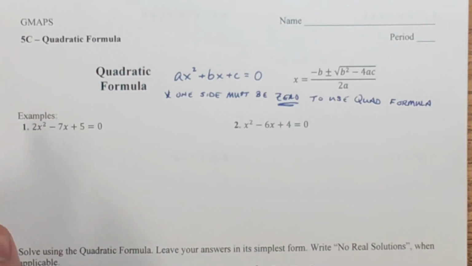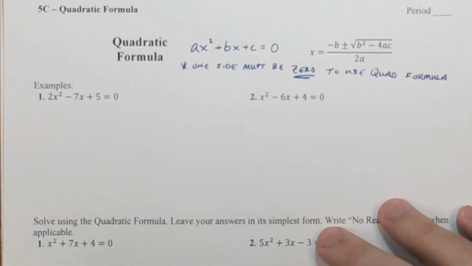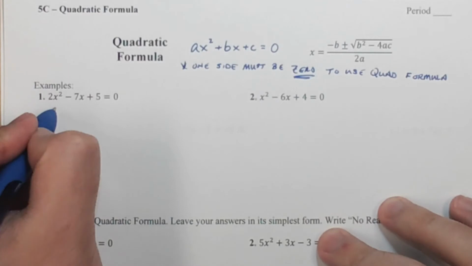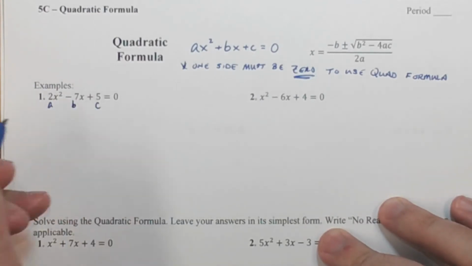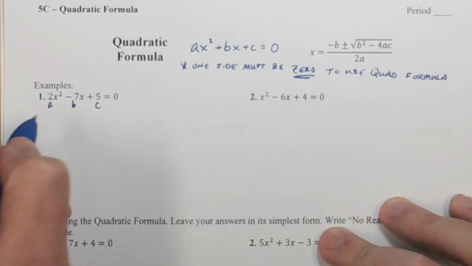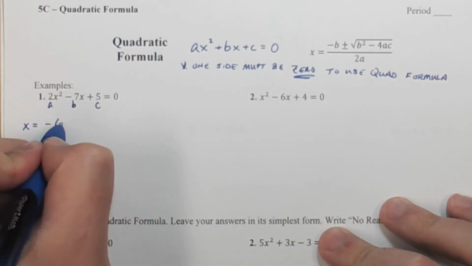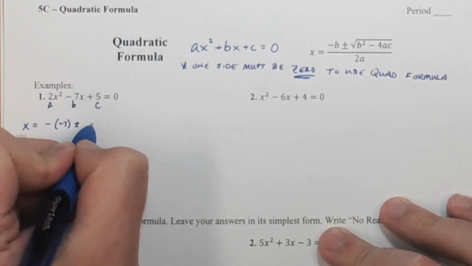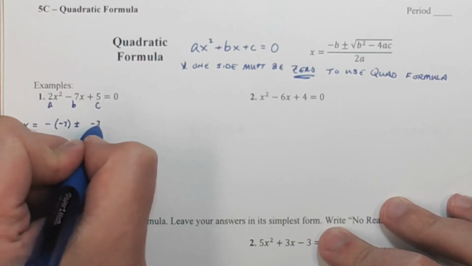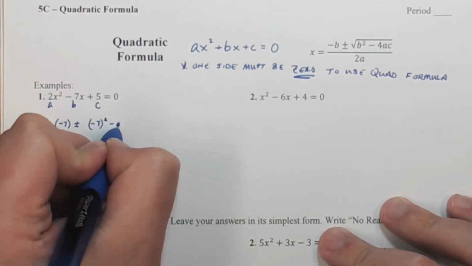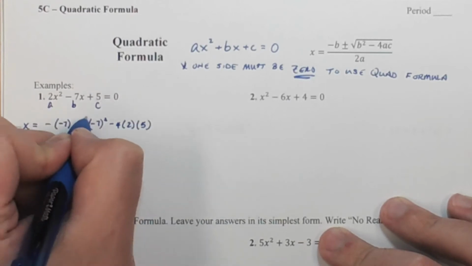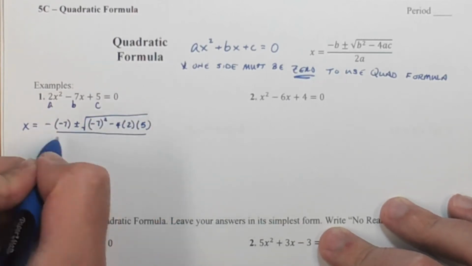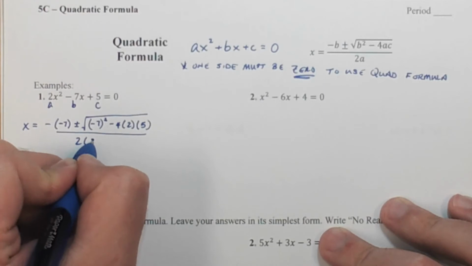All right. So if we go through here, using the quadratic formula, we have ax squared, bx, c. As we fill these in our formula, we go negative b plus or minus square root of b squared minus 4 times a times c, all over 2 times a.